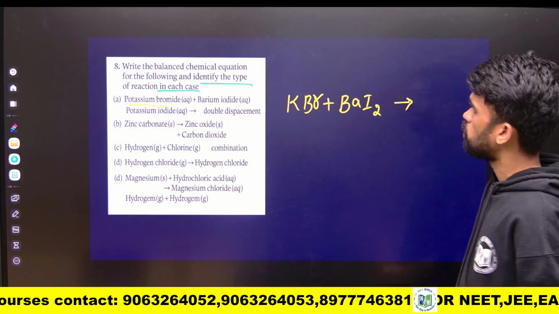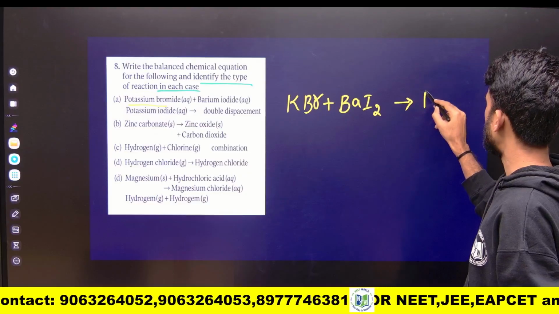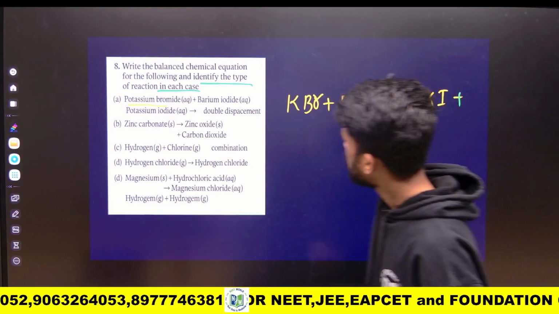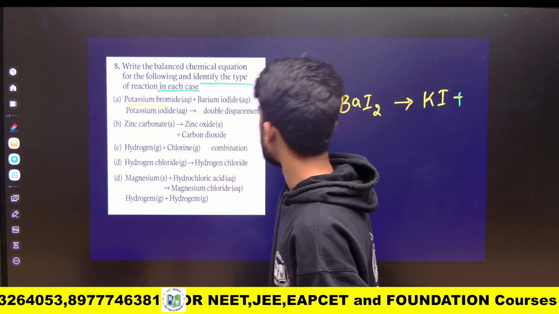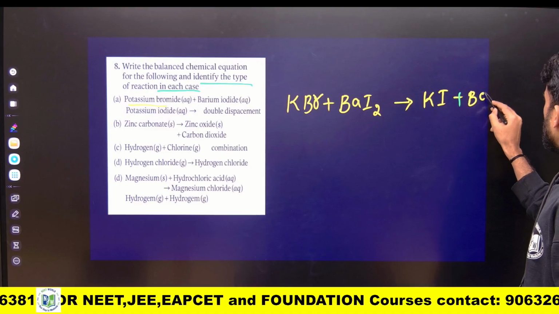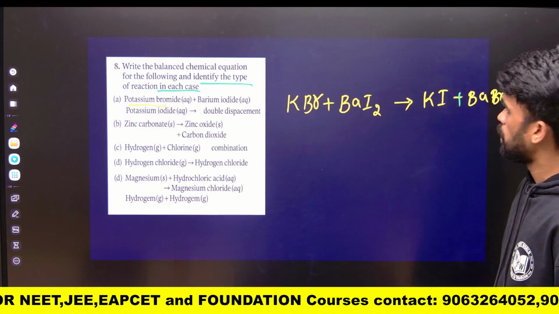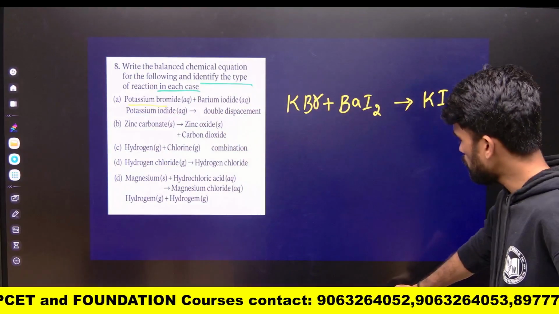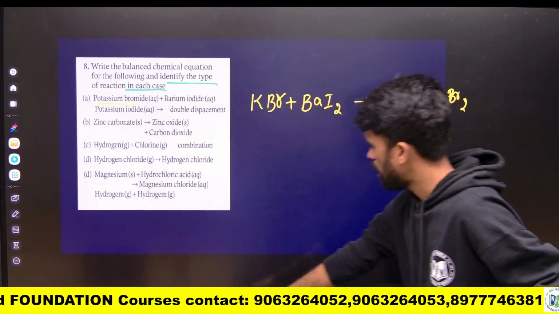Potassium iodide, KI, plus BaBr2. So this should be the product, but they haven't mentioned it here, okay, fine, that is maybe some error in the print. Let us look here.